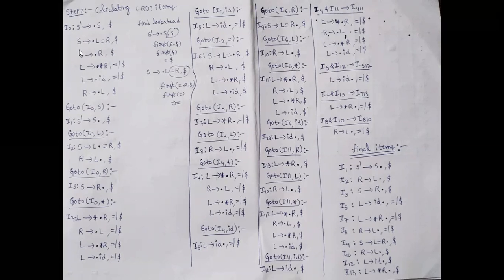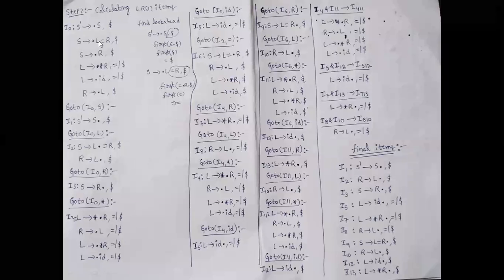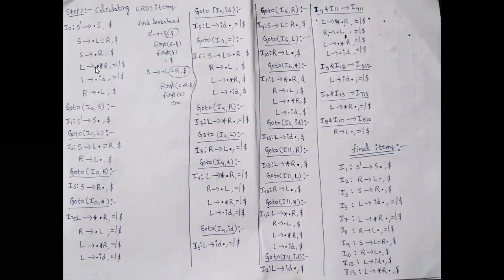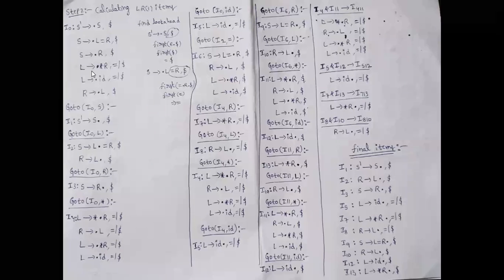Next, considering this one. After the dot we have a non-terminal, capital L. Then we have to add the productions of capital L. So capital L produces dot star R, because here the dot makes it an item. We add the dot at the beginning of the right hand side.